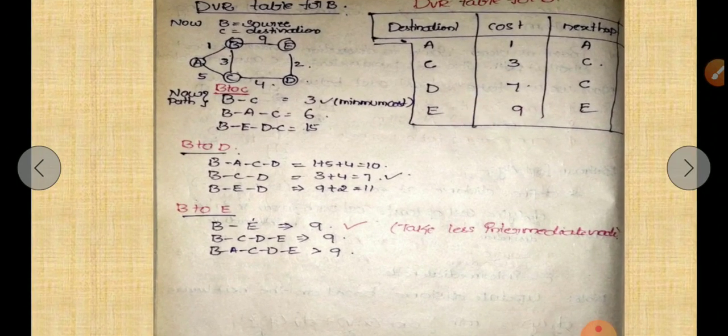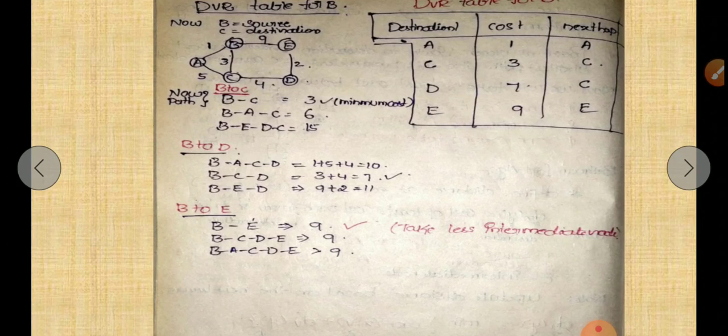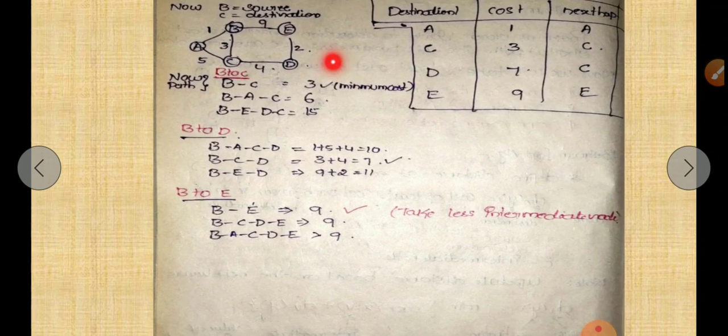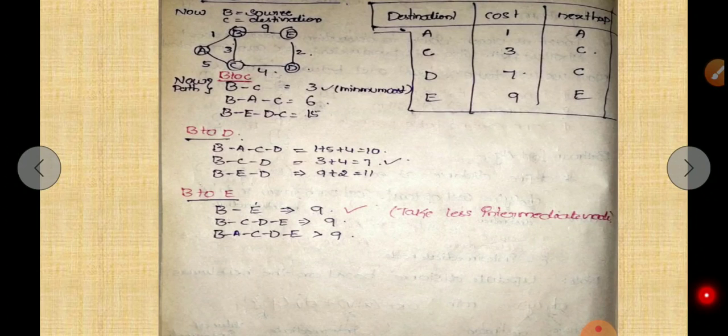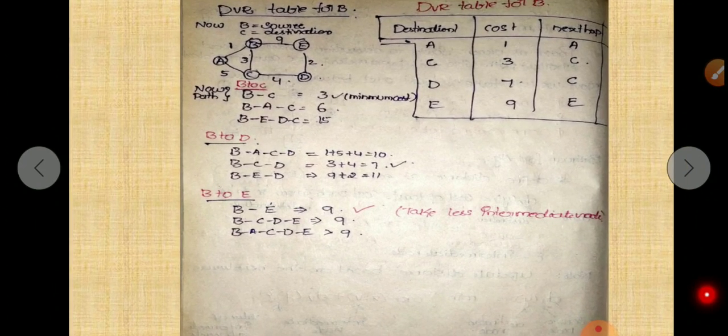Like this we can find out each and every one. For example, next you can take C as a source. C is the source and A is the destination, C is the source and B is the destination, C is the source and E is the destination, C is the source and D is the destination.